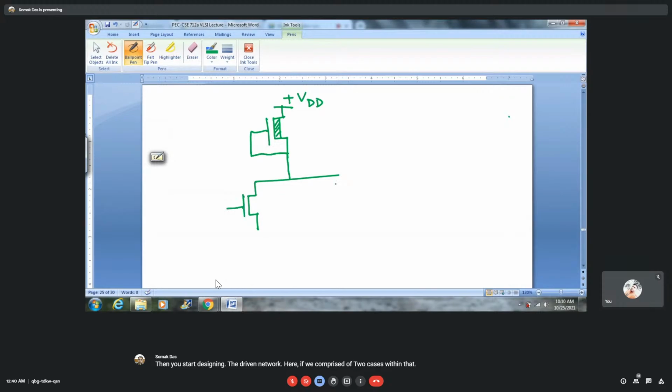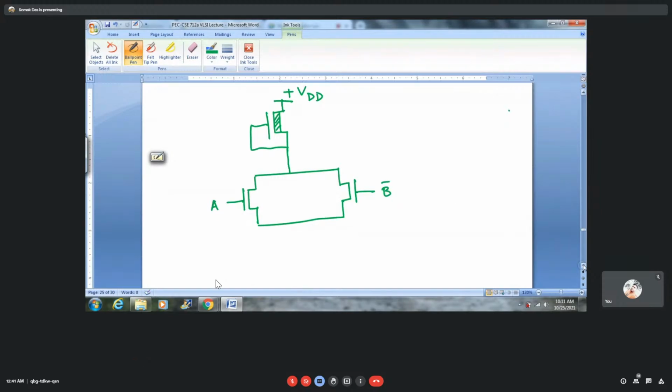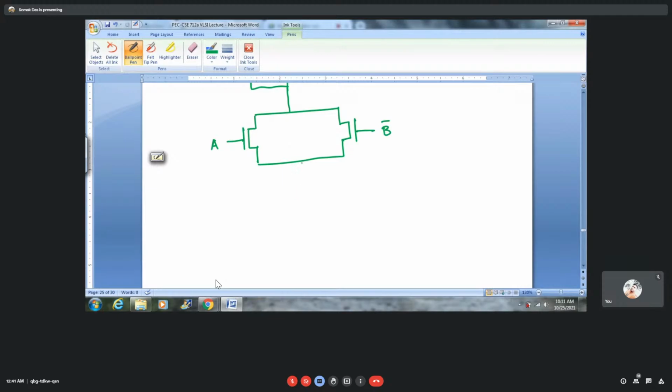Within that, there are parallel transistors connected. So A bar and B. Then it is grounded.